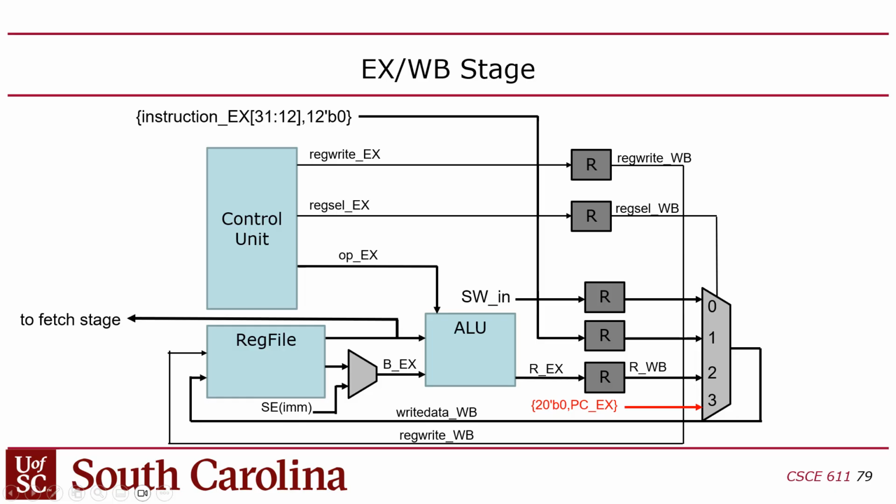Yeah, and that's by design, right? Because you don't want to link to the jump itself. That would be awful, because then when you link back to the jump, you'll end up jumping again, right? You want to link back to the instruction after the jump, which was the fall through. That's your return address. That's how you return from your method, like when you type return in C, that's how that's implemented. Okay, so very simple. You have an extra slot for that, so you just wire it in and you're good to go.